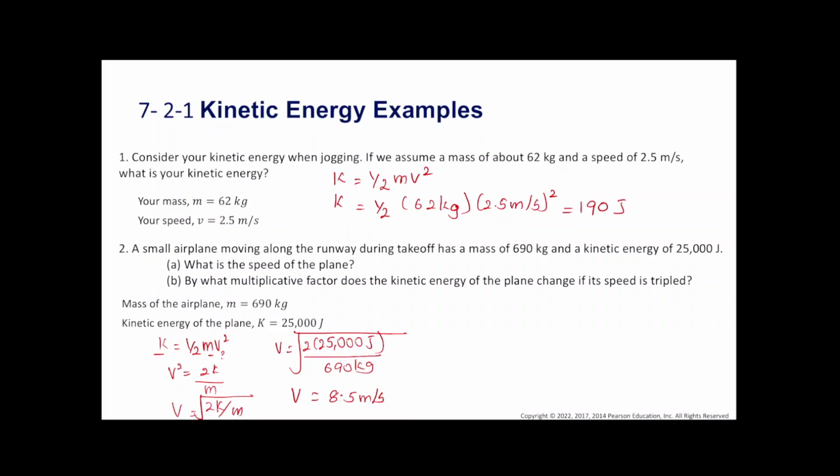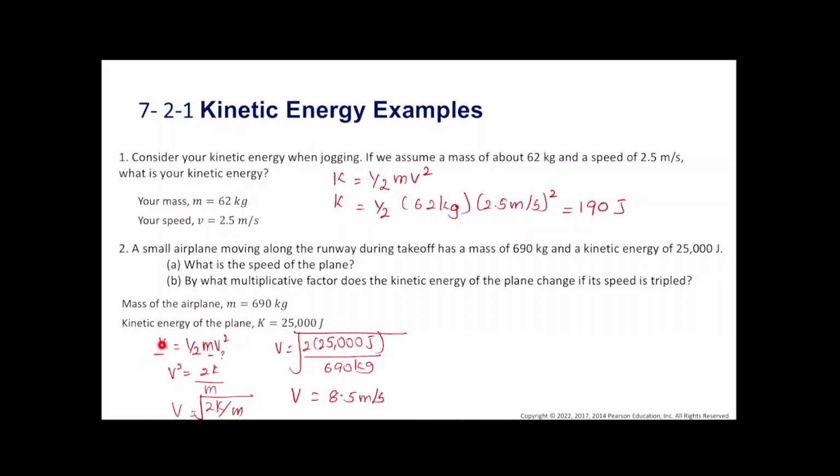In the next part, it asks what multiplicative factor the kinetic energy K of the plane changes if its speed is tripled. That means v is tripled and we are asked to find K. According to this equation, K is equal to half m v squared.